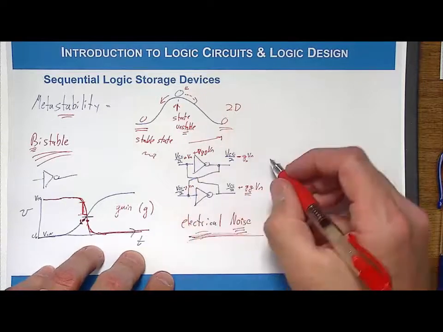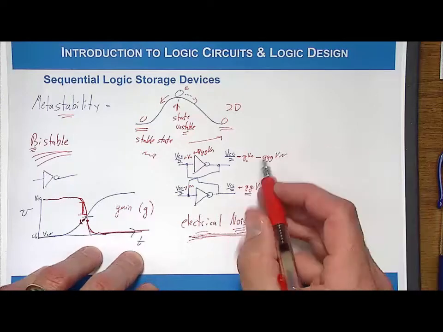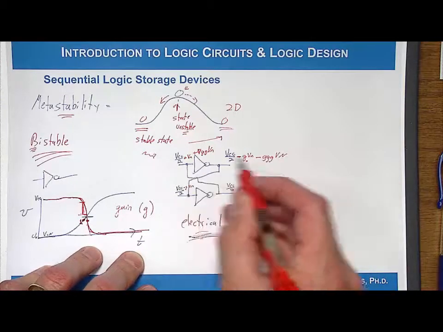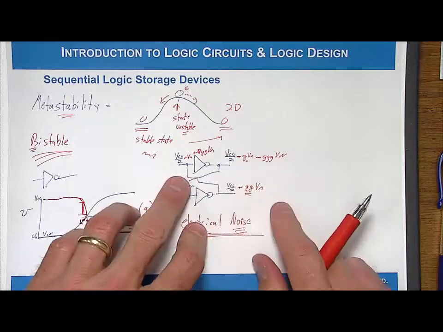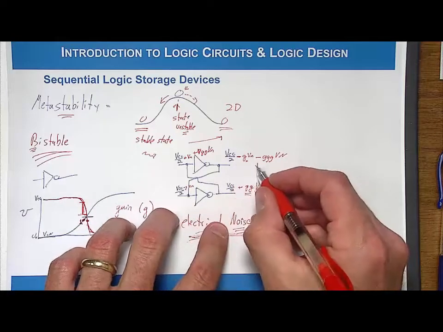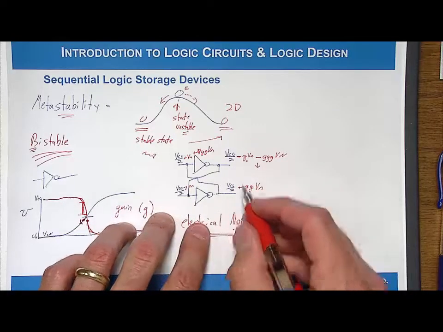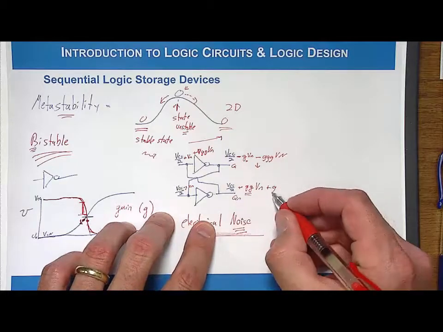Then it gets amplified again, so you have minus GGGVn, and you can kind of see what's happening. As this thing goes through this loop, the noise just keeps getting bigger and bigger and bigger. So where does it ultimately end? This signal, VCC over 2, is going down. This output right here, that's the Q output, this output right here, Vn, is getting bigger and bigger.